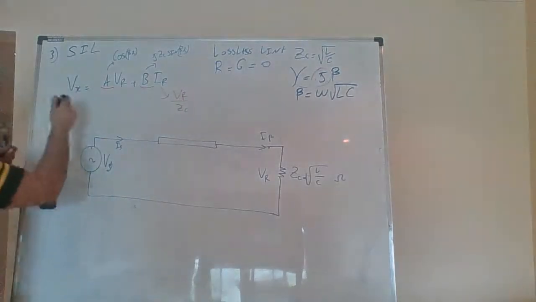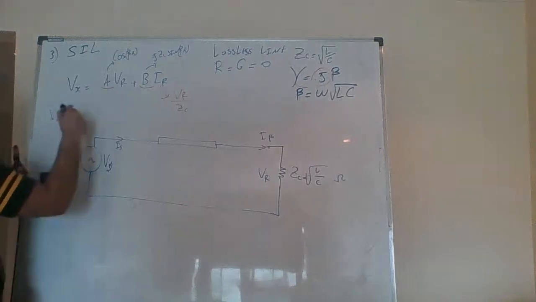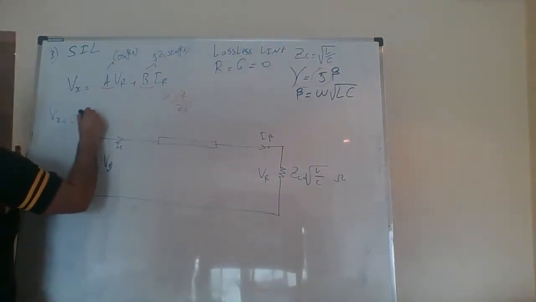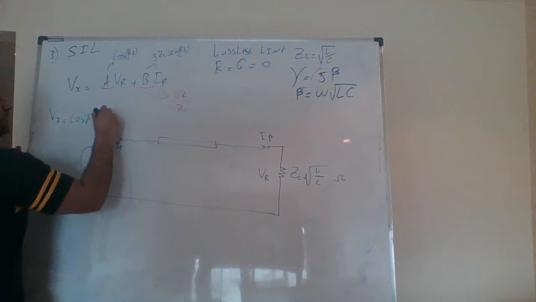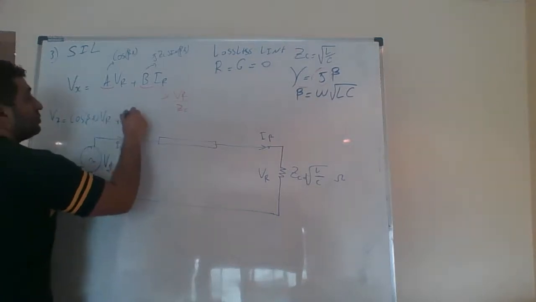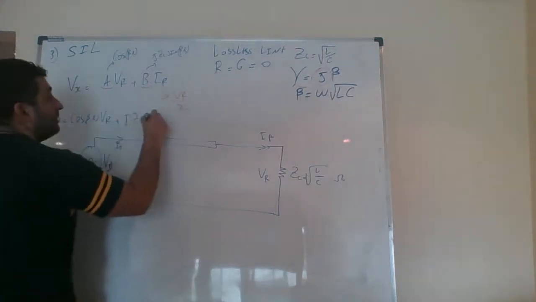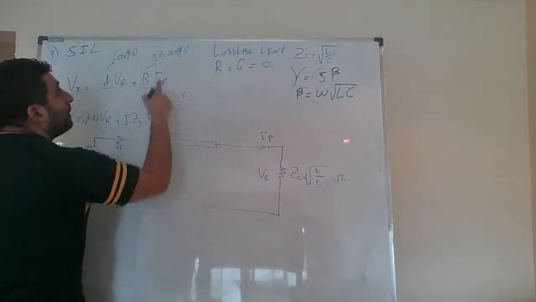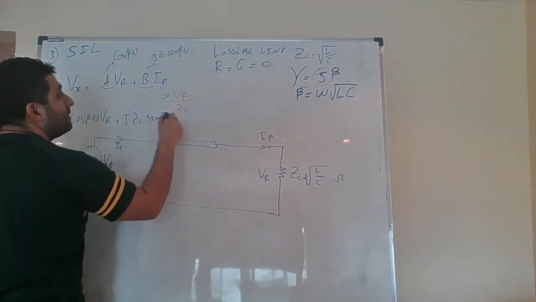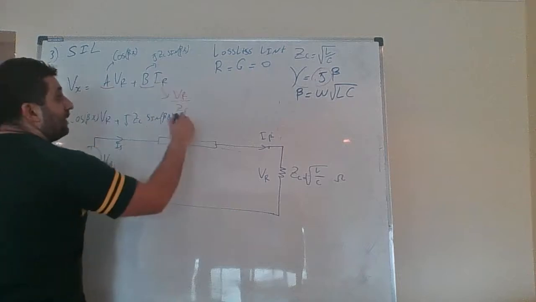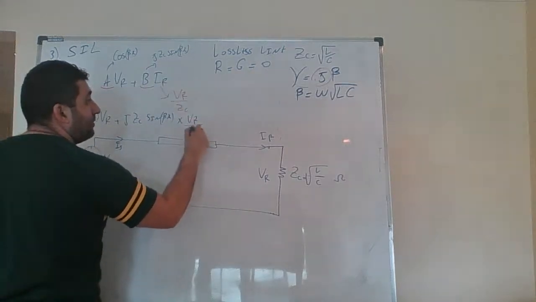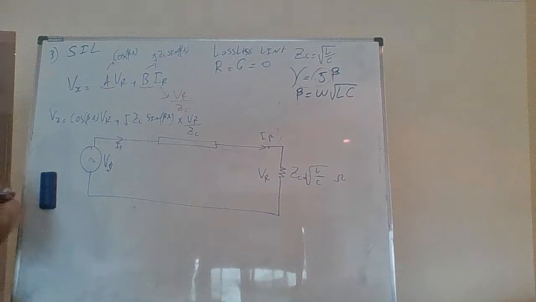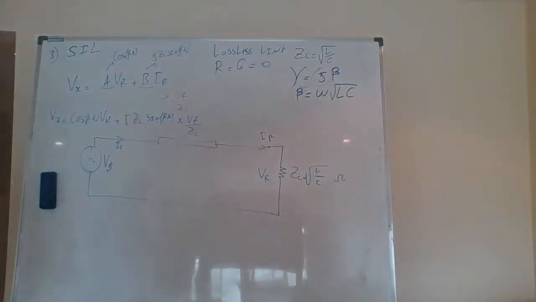So let's put it in: I have Vx equal to cosine beta x VR plus j Zc sine beta x multiplied by IR, which is VR over Zc. This and this can go. Is that clear, guys? This and this can go.